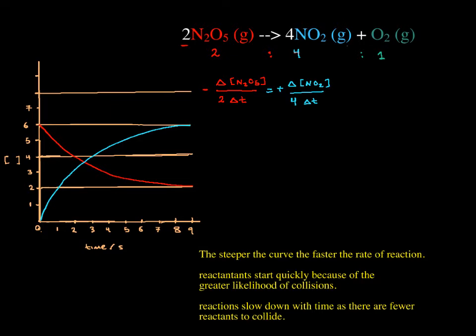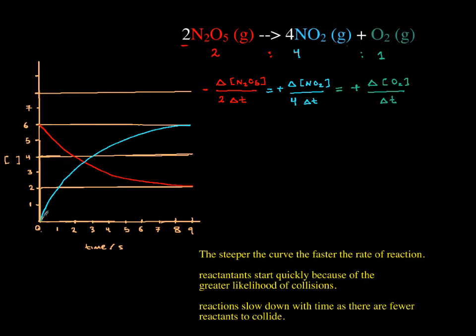Now if you look at oxygen, the other product, the rate is also equal to the change in concentration of oxygen per unit time delta T, and the coefficient is 1, so in the denominator we have 1. So oxygen is going to be produced at a rate which is 1/4 of NO2 because of the coefficient.